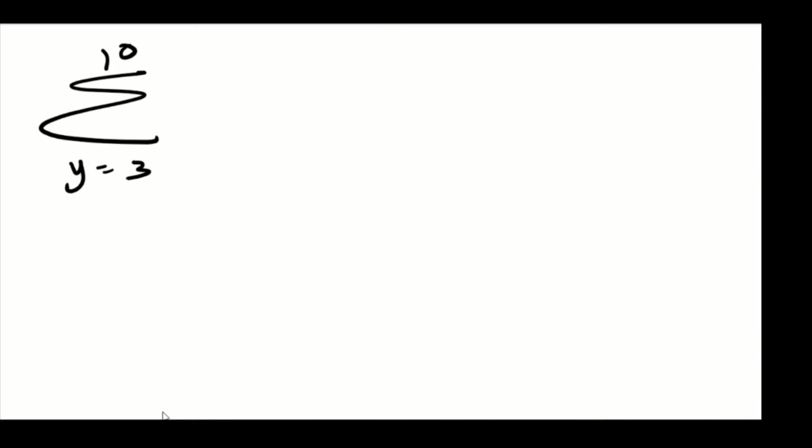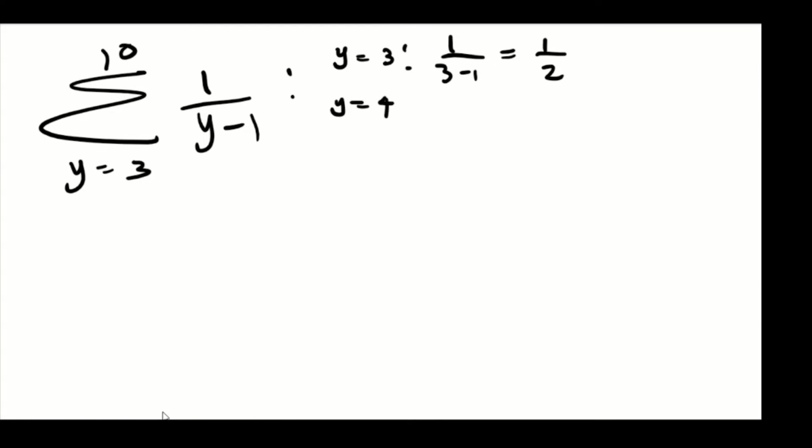Now let's find the terms for the second sum. The second sum also goes to 10, so y starts at 3 and it's 1 over y minus 1. When y equals 3, we have 1 over 3 minus 1, which is 1 over 2. When y equals 4, 1 over 4 minus 1 is 1 over 3.